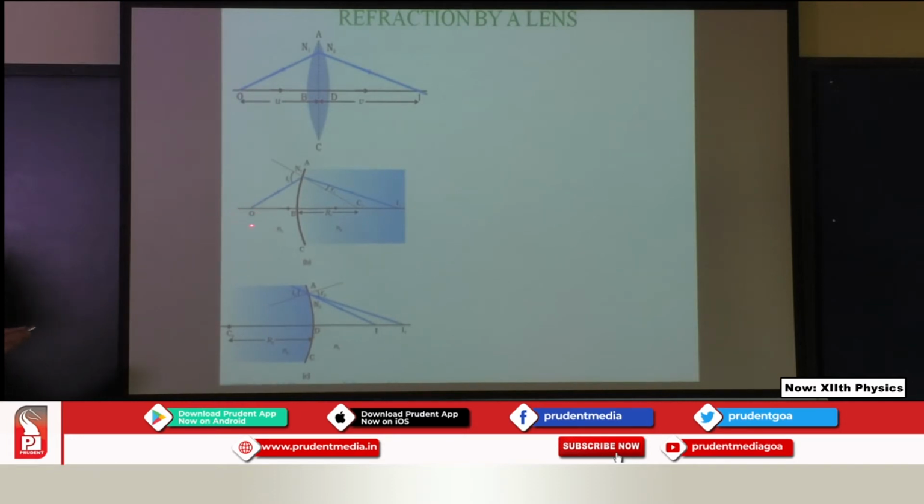So, we have the object O, the ray is incident at the curved refracting surface, the ray is getting refracted and forming an image at I1. There is a separation of two media, hence we have N1 as the refractive index and N2 as the refractive index of this one.